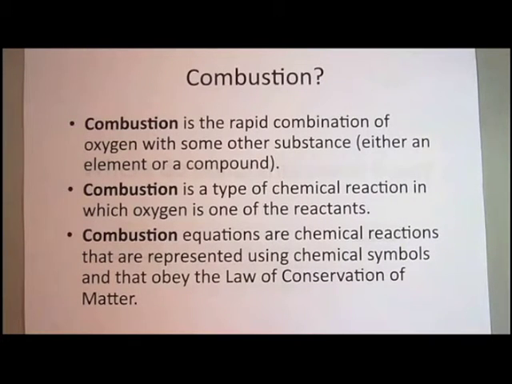And in the case of combustion reactions, we are combining some element or compound with oxygen to form a new substance. And the different types of reactions other than combustion are combination reactions, decomposition reactions, single replacement, and double replacement. You can figure out which types those are just by observing those reactions on that worksheet that I gave you.